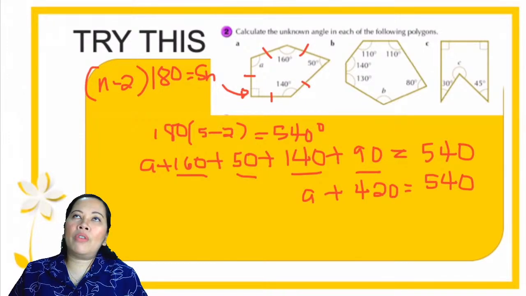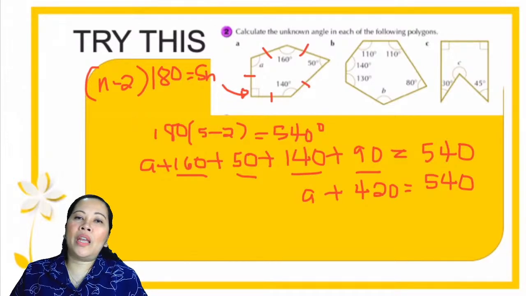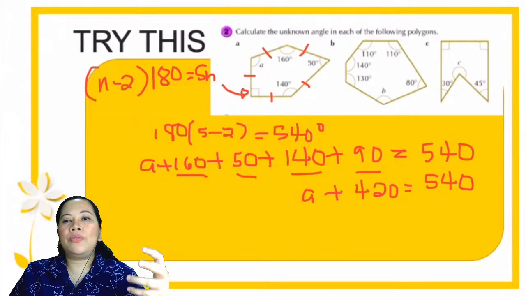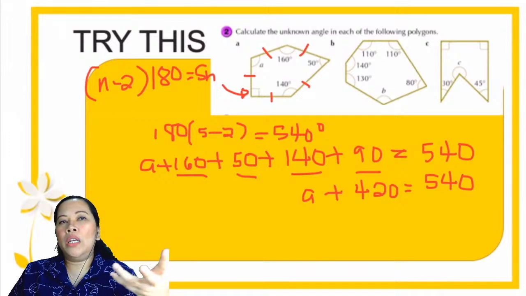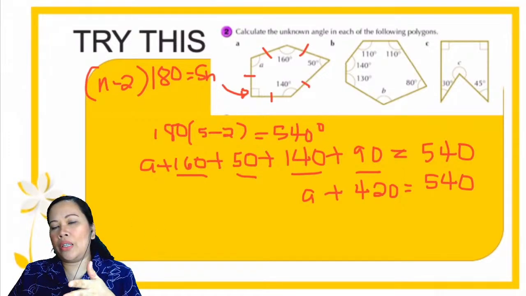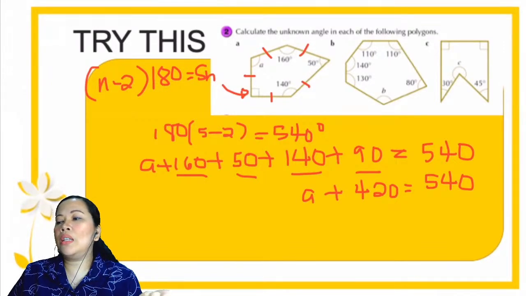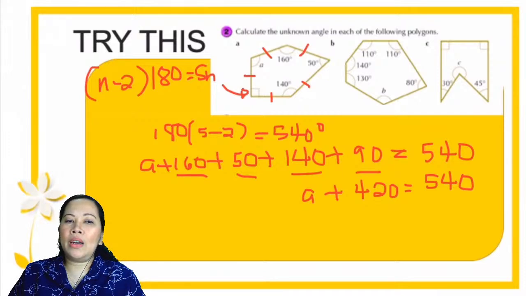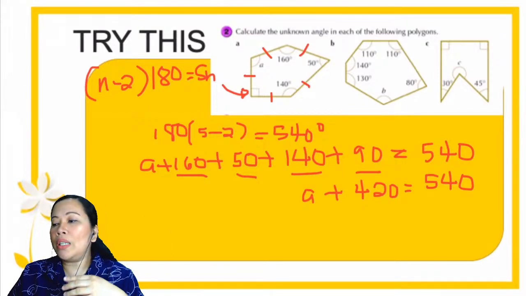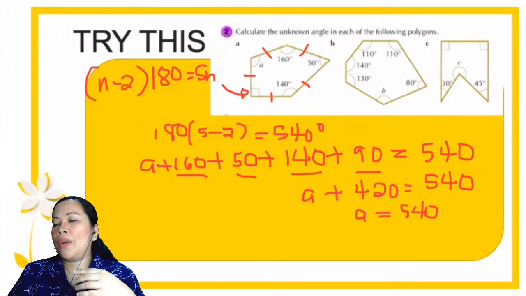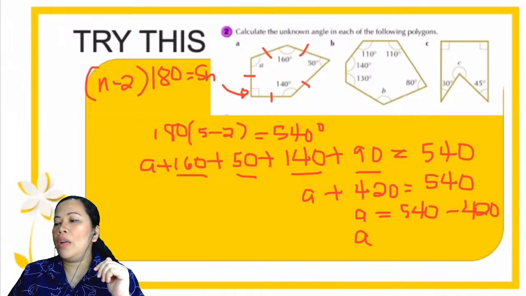What does the order of operations state? That if you transfer one operation to the other side, it will be the opposite operation. So since it is added here, you have to subtract it when you transfer. So that will be 540 minus the total.